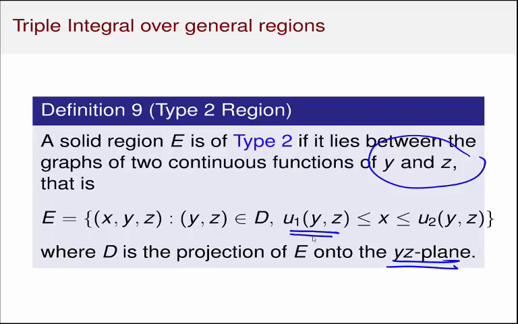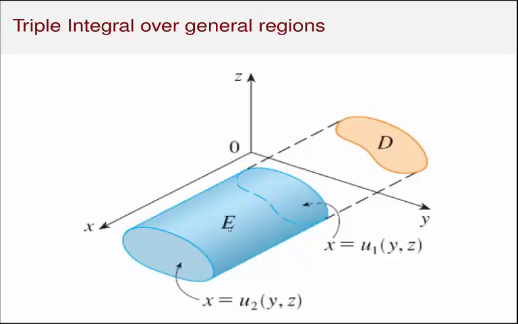And here the lower bound is given by u1 of y, z and the upper bound by u2 of y, z. As before, this region D is known as the projection of the solid E, this time onto the yz plane. And here's how we can visualize a type 2 solid.